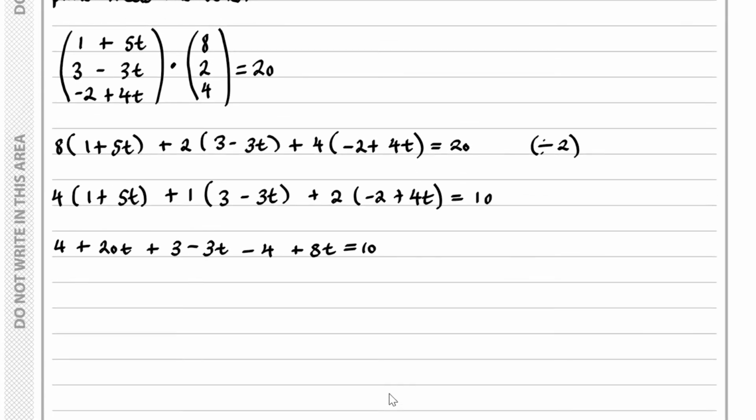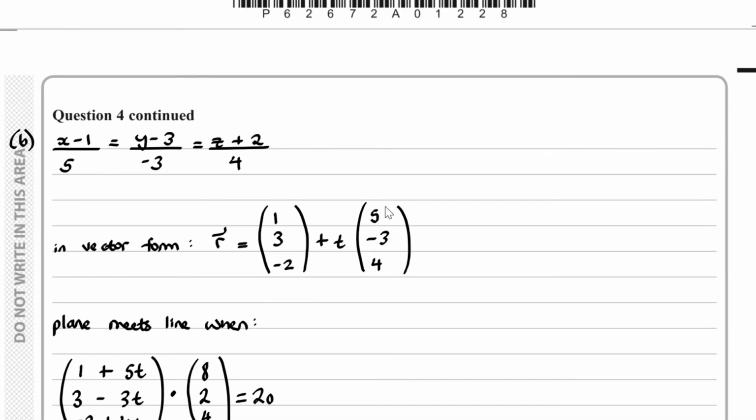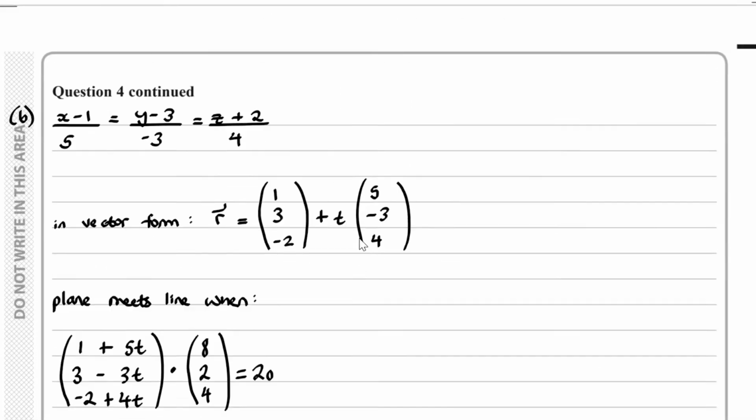If we collect like terms, 20t minus 3t plus 8t, that's 25t. And on the left hand side we've got 4 plus 3, which is 7, minus another 4, that's just 3. So 10 take away 3, that's 7. So 25t, that's equal to 7, and therefore t, that's equal to 7 over 25. So what we can now do is simply find the coordinates by substituting back into our line L over here.